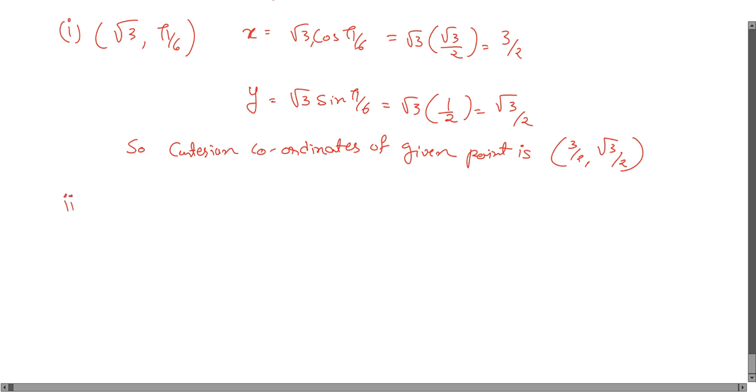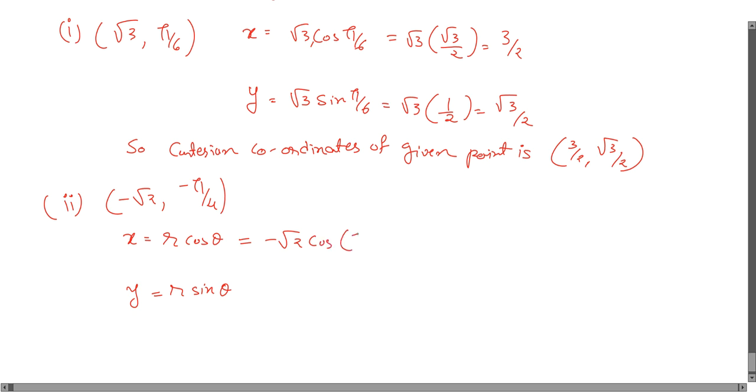Let's do the similar thing for another point. Your point is (minus root 2, minus pi by 4). So your x is again r cos theta, y is r sin theta, that is x is minus root 2 cos of minus pi by 4, and y is minus root 2 sin of minus pi by 4. But cos is an even function, so it is minus root 2 cos pi by 4.